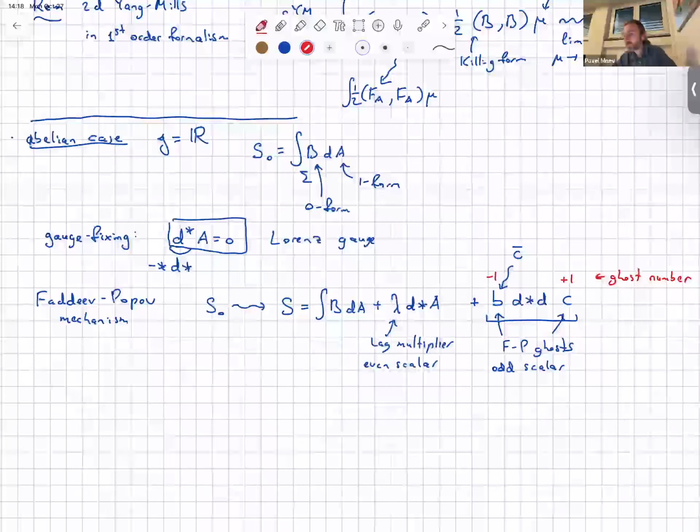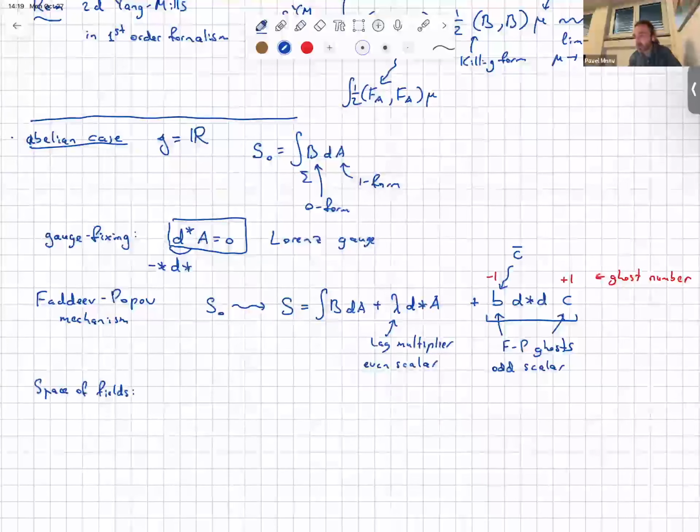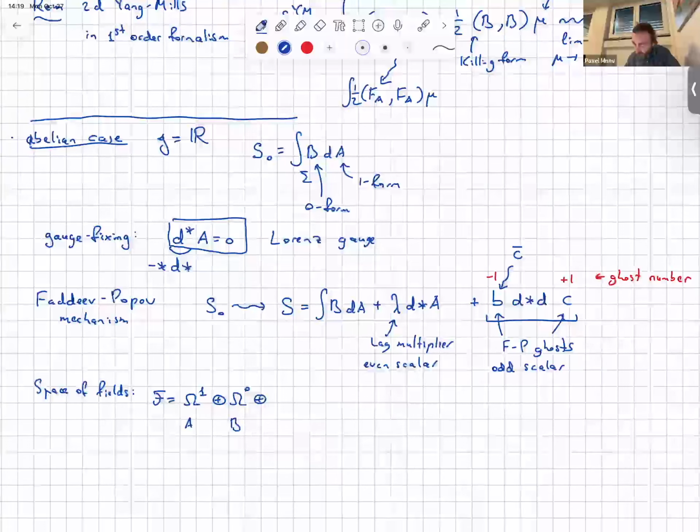Now the new space of fields is the old space of fields plus all the new variables. We have 1-forms on the surface for the field A. We have 0-forms on the surface for the field B. We also have 0-forms for the field lambda, which is the Lagrange multiplier.